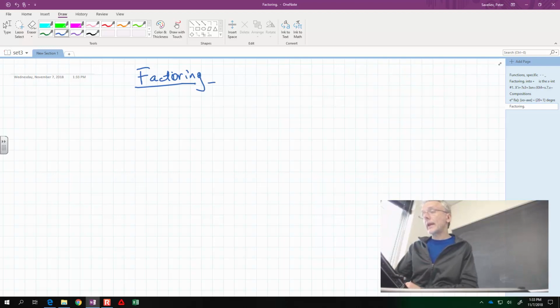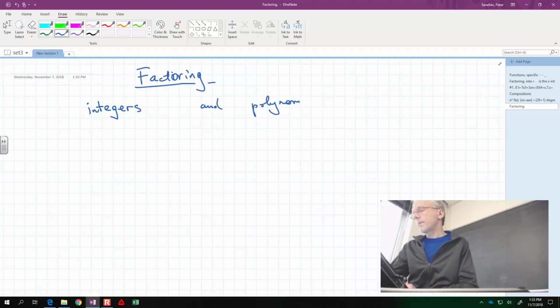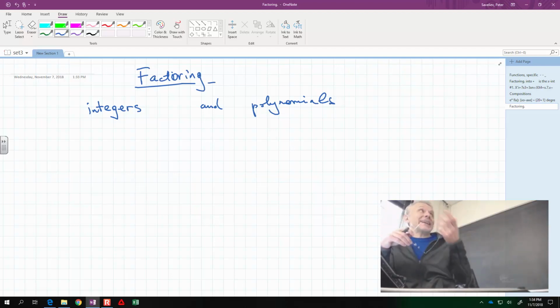Okay, so the analogy is between integers and polynomials. So the idea is that the analogy allows us to deal with something more complex, polynomials, by analogy with something that is simpler, and that is integers.